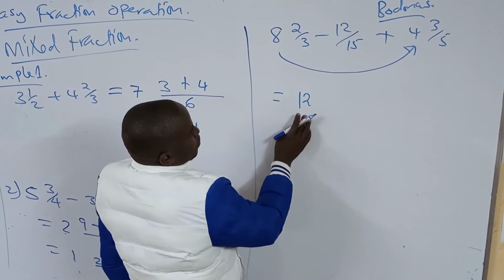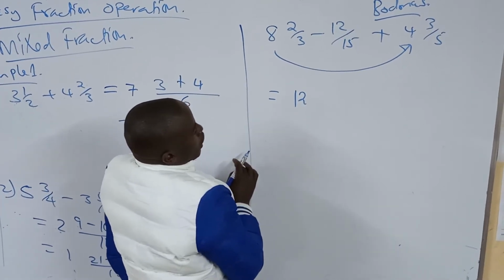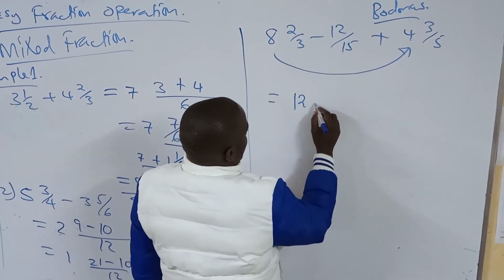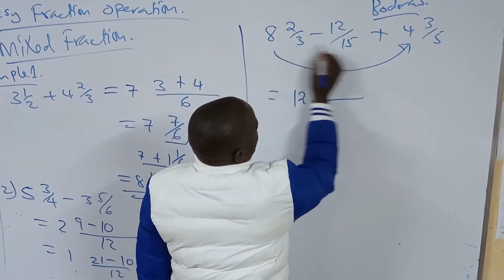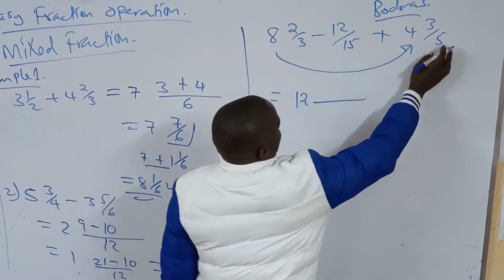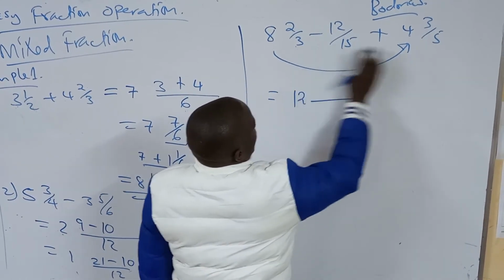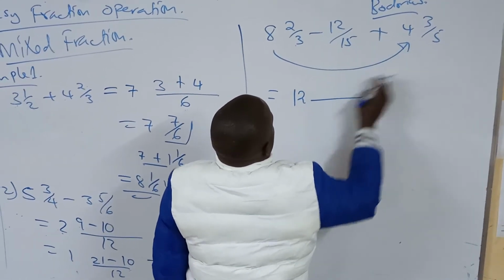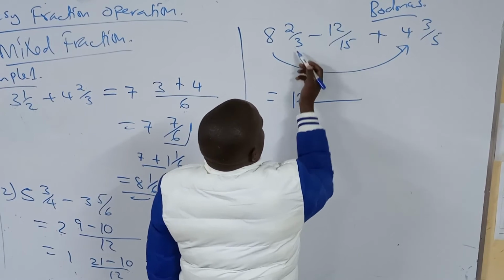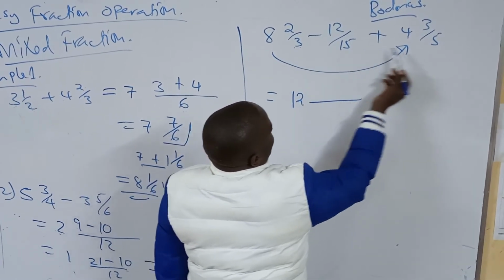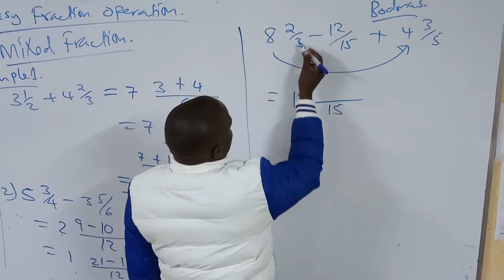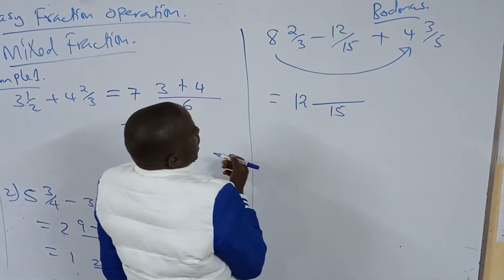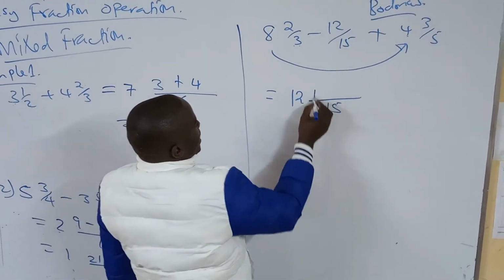So we have 12, and then for the addition first of all, we have the 2 over 3 and the 3 over 5. The LCM of 3, 15 and the fractions, that is 5, you get the LCM is 15. So you start here, 3 goes into 15 5 times, 5 times 2 is 10.